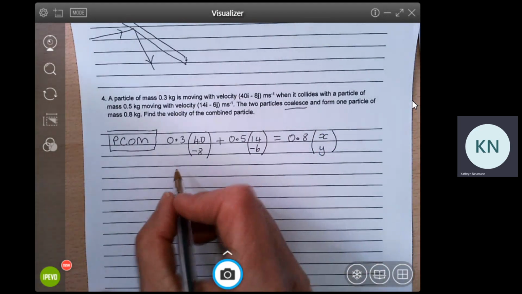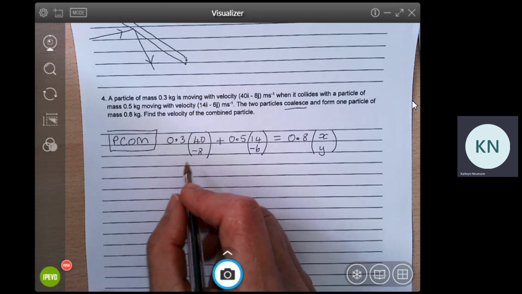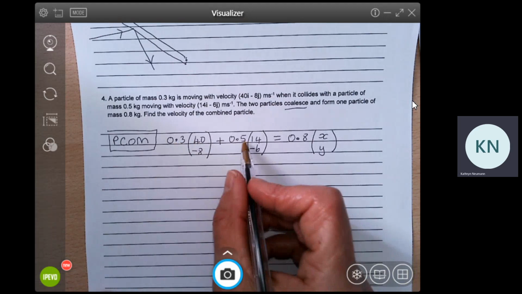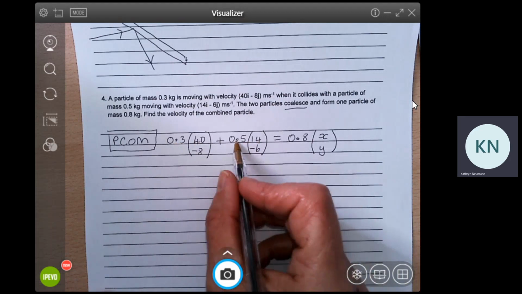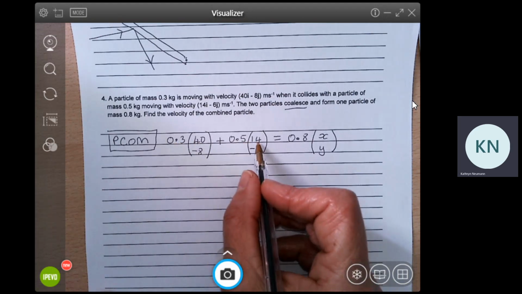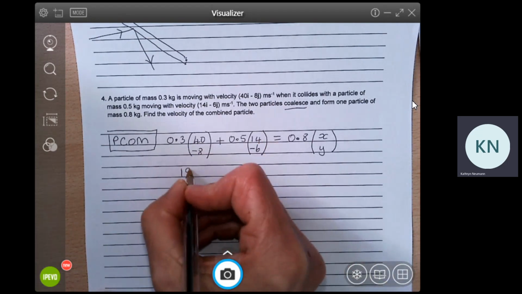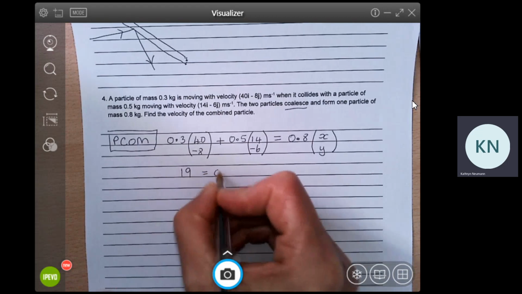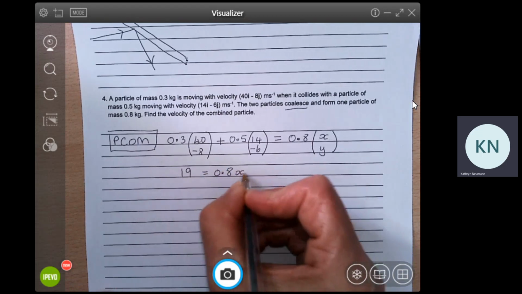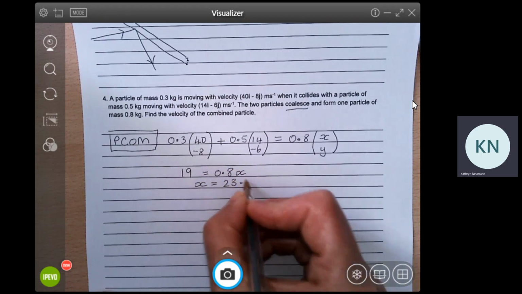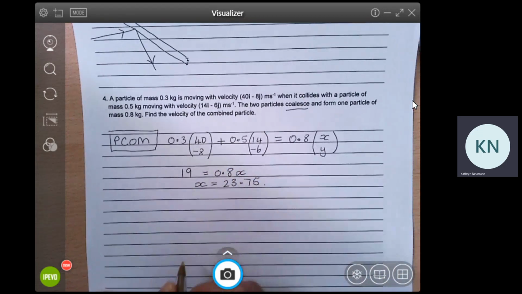So we're going to solve this. When we add this through on the top line, we get 40 times 0.3 plus 0.5 times 14. So that gives me 19 on the top equals 0.8x. So x is equal to 23.75.